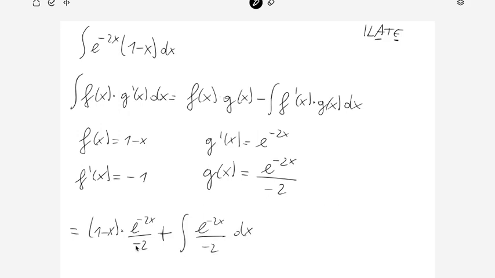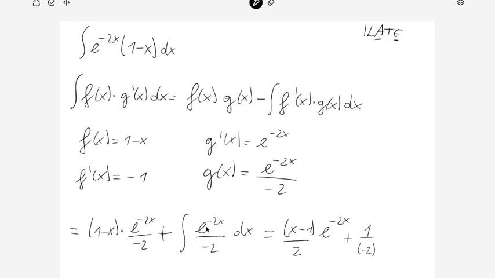Here we have, well, this minus changed the sign here, so we have x minus 1 over 2 times e to minus 2x, and the integral of this, well, we have 1 over minus 2 that we can put outside of the integration.